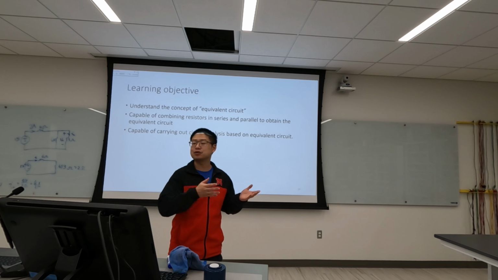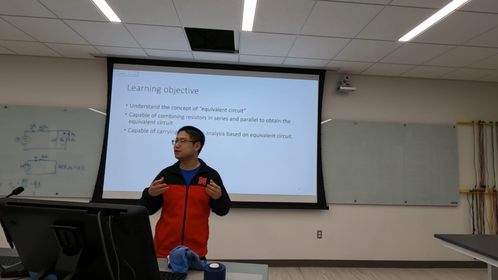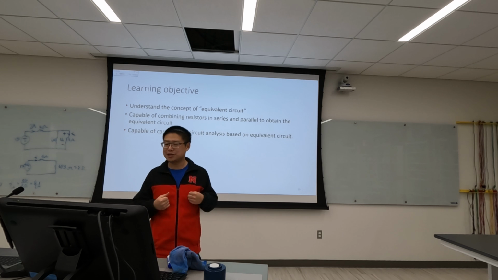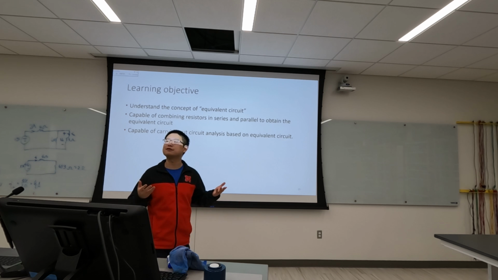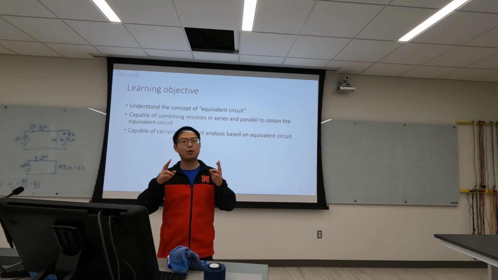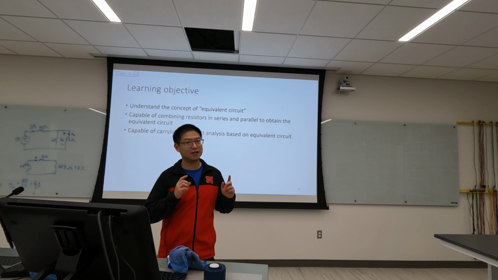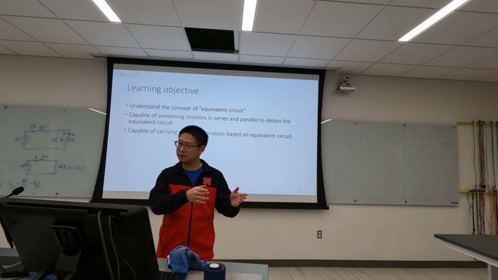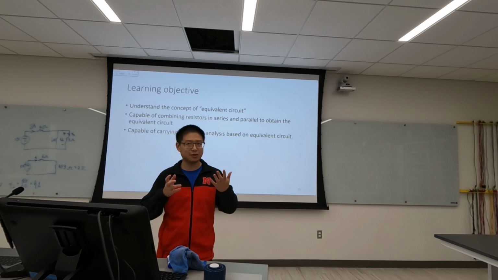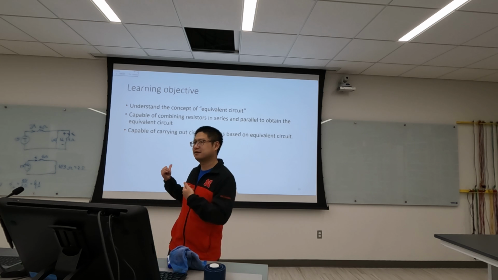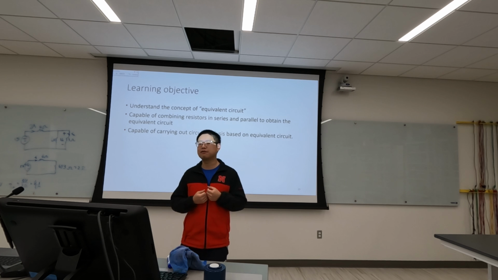Now let's go back to the learning objectives to see if we meet them. Under the first, understand the concept of equivalent circuit. So two questions: why we need an equivalent circuit, to simplify the complex circuit and aid circuit analysis. What is an equivalent circuit? So we understand the concept of equivalent circuit.